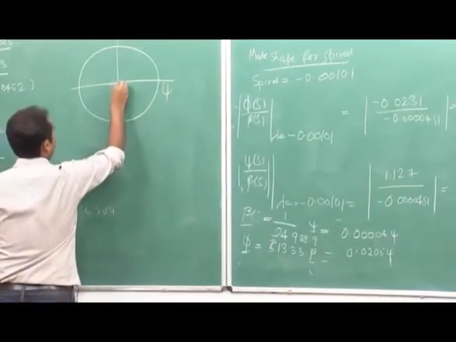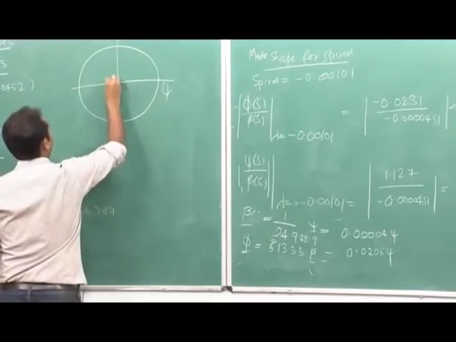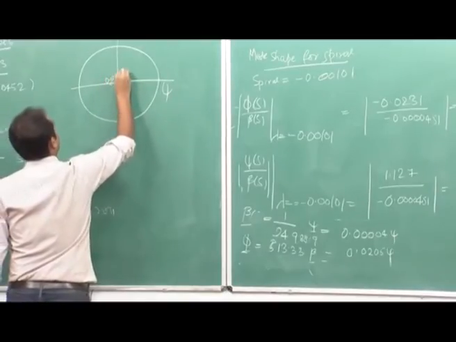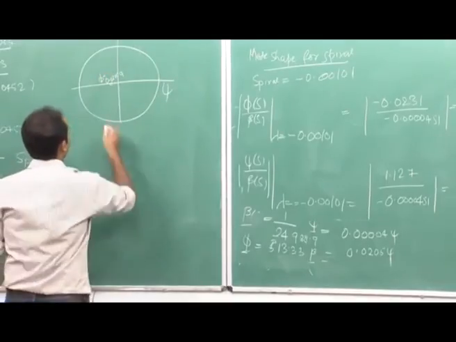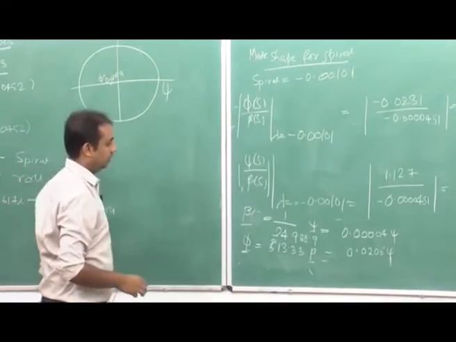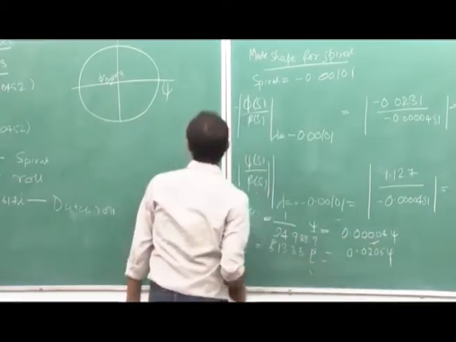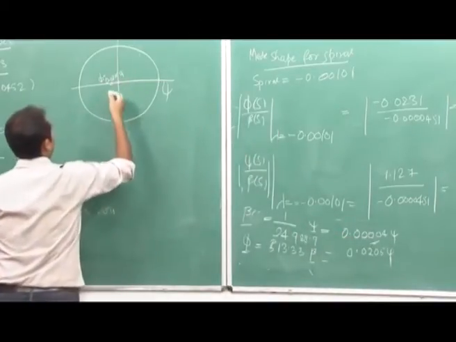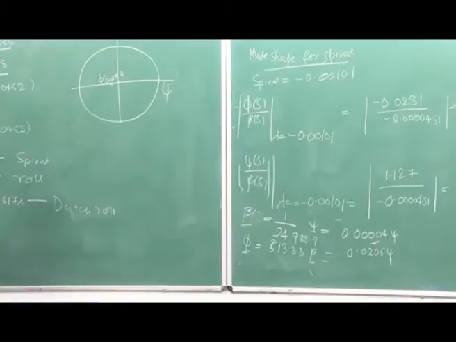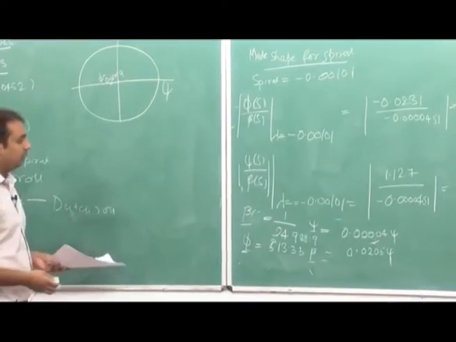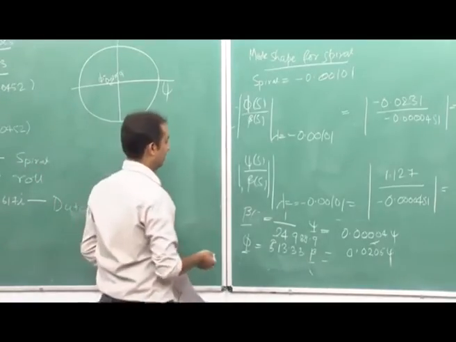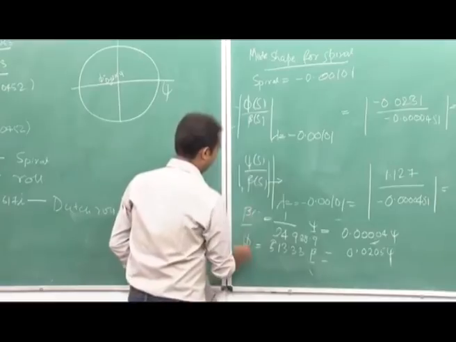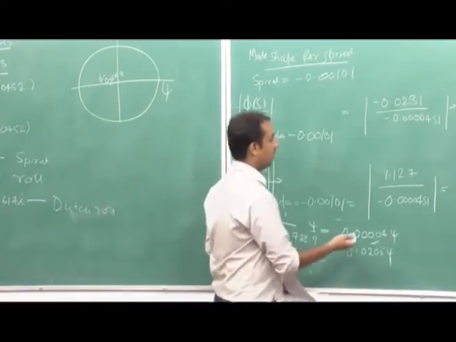Say somewhere here, this is 0.05 psi. Phi will be equal and phase will be 180 degree, and this is very small. You can neglect it, it will be very close to origin. Now from this analysis, what we came to know is that in case of spiral mode, your beta is very small, since the ratios are very large.